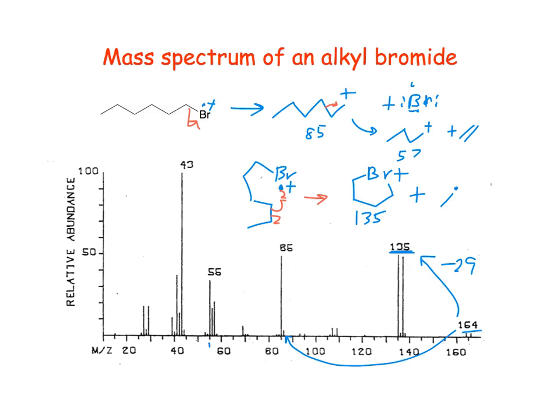All right, we can also do it right here. And what that forms is the bromine, kind of a bromonium ion, like we would see during a bromination reaction, a 3-membered ring.